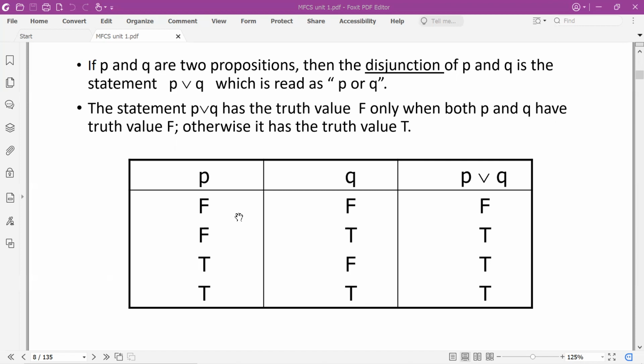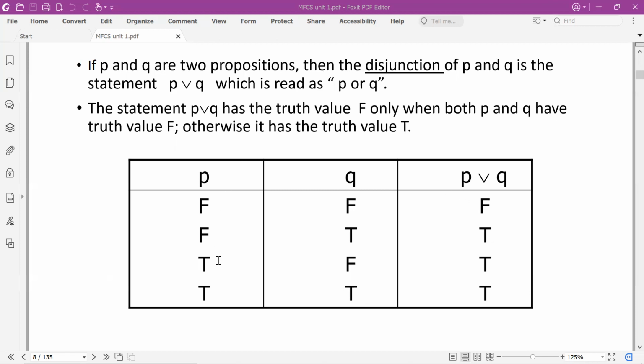So in the case of OR, when either P or Q is true, the output will be true. When P is false and Q is false, P ∨ Q will be false. When P is false and Q is true, since one of them is true, we get the output for P ∨ Q as true.